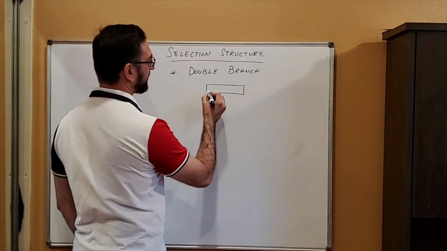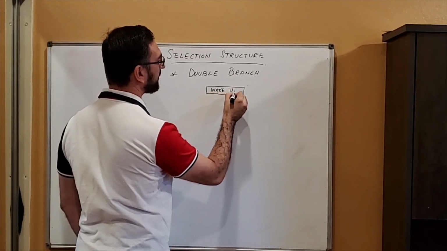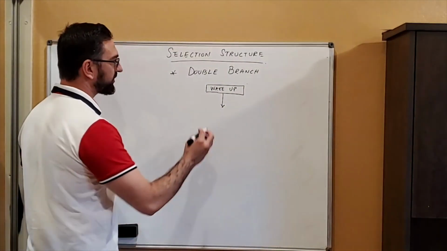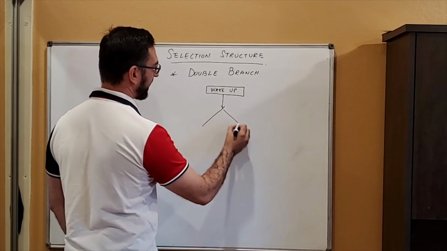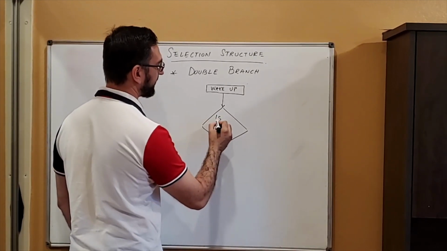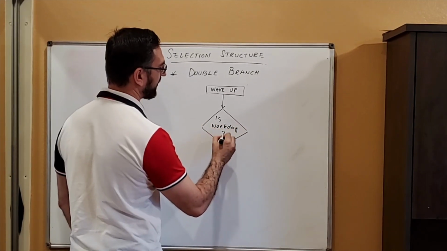let's just take an example of, let's say you wake up, and based on what day it is, you make certain decisions. So in this case, the condition we want to check is if it is a weekday, right?